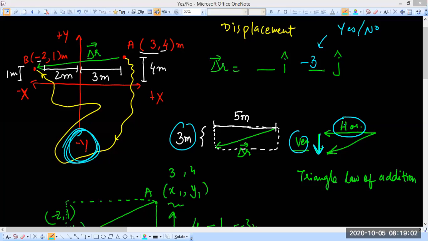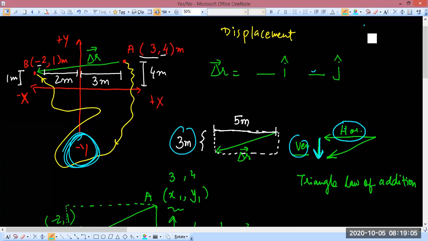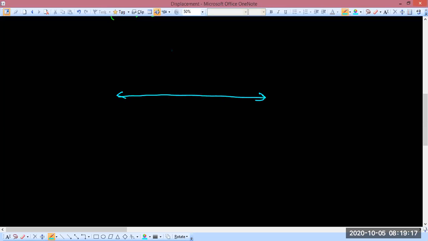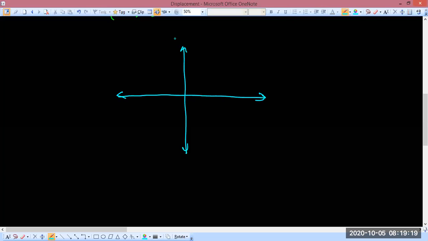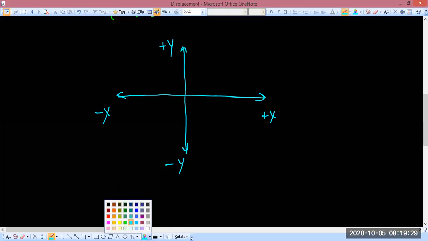Fine. Let's just go through this one more time. I really think we should go back to basics. Suppose I would draw a vector that is 3 units in length.